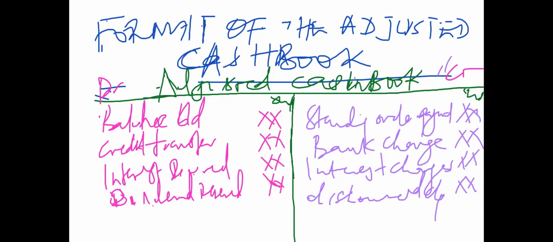So when the check has been dishonored, it means the bank has not credited your account. But you had already debited your cash book initially, so you have to write it off to remove it.